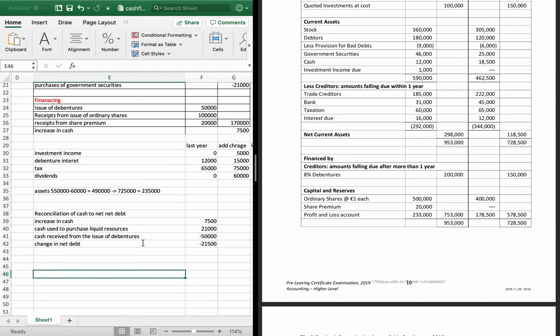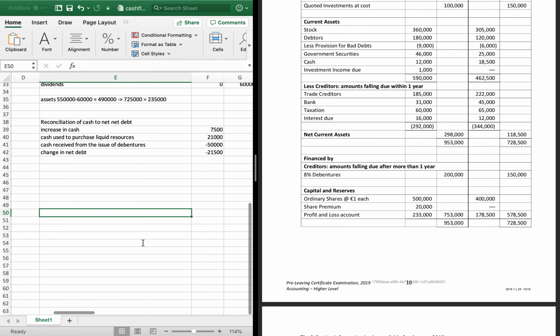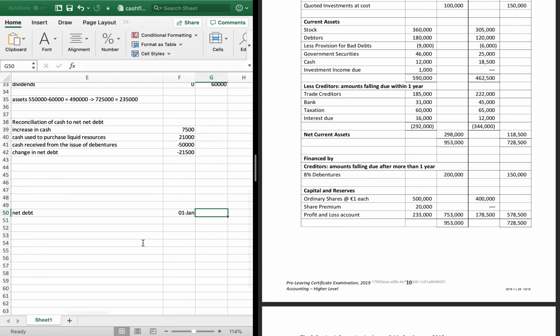Now, just do a working here. Go down a bit. If we look at our net debt at the start of the year versus our net debt at the end of the year, we can say, well, what's considered net debt? So we've got our debentures.